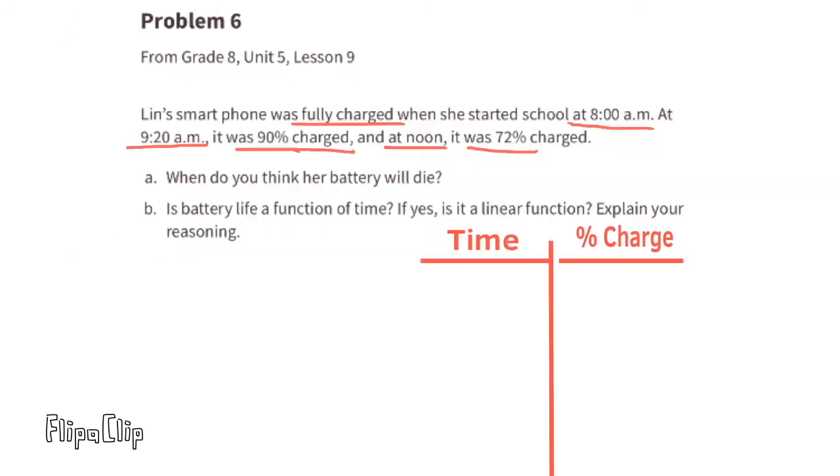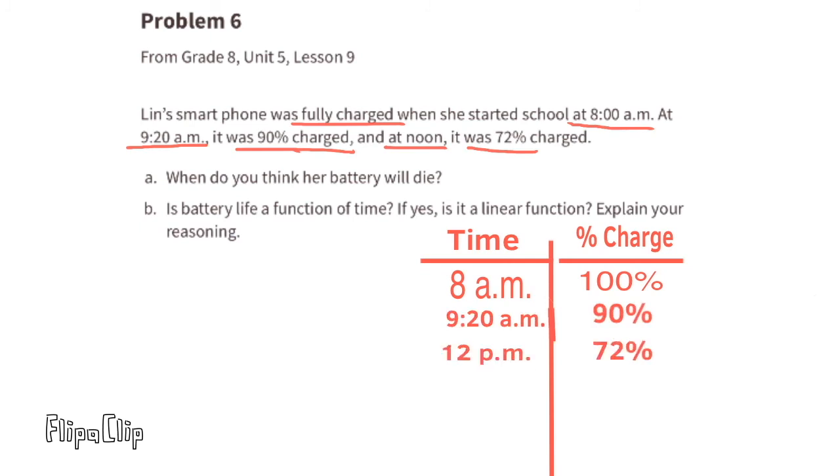Let's make a chart with time on the left and percent charge on the right. At 8 a.m. it was 100% charged, or fully charged. Then again at 9:20 a.m. it was 90% charged. And then finally at noon it was 72% charged.